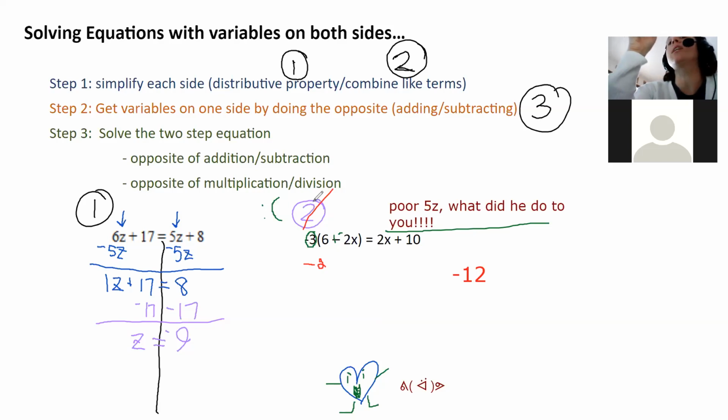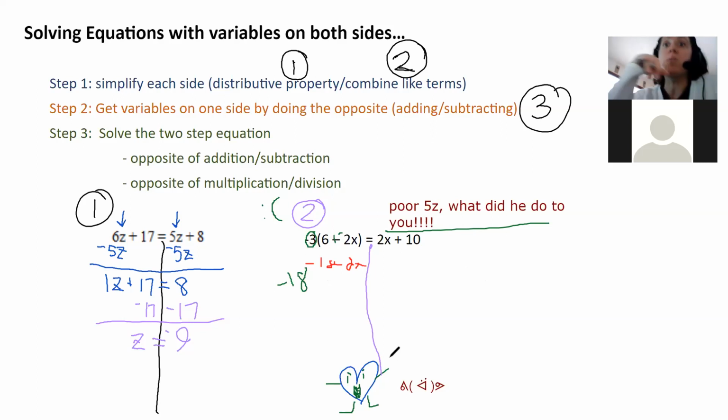Yes, this one right there, -18. Good stuff. That's what -3 times 6 is. And if you're still struggling a little bit with your multiplication and all that, it's okay. You can use a calculator to check those facts. Yes, you do. All you guys do. Very good. So -18, then.